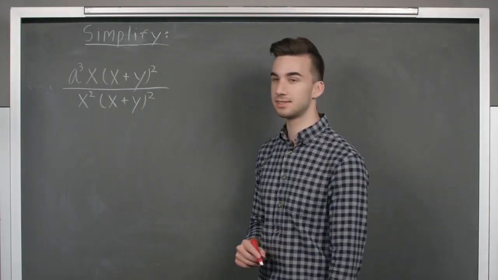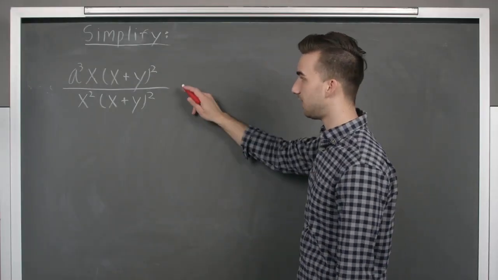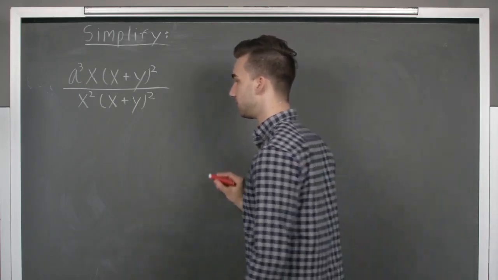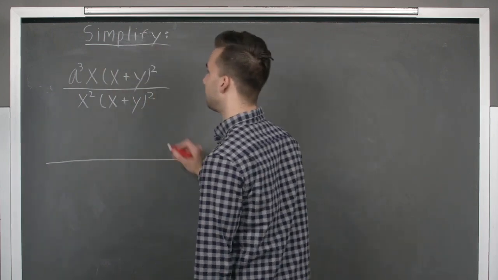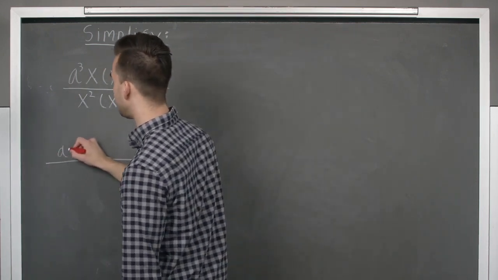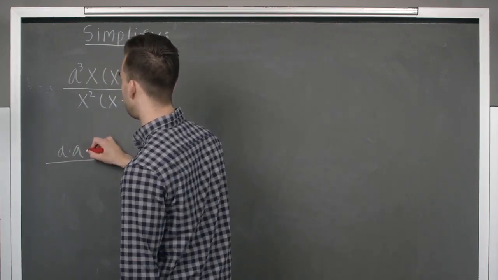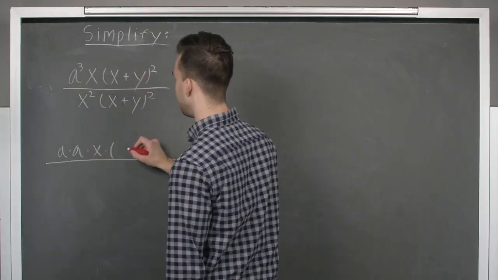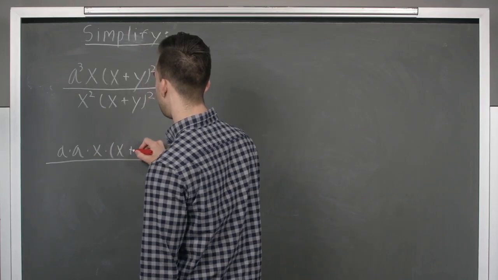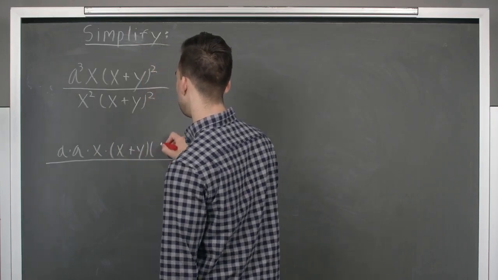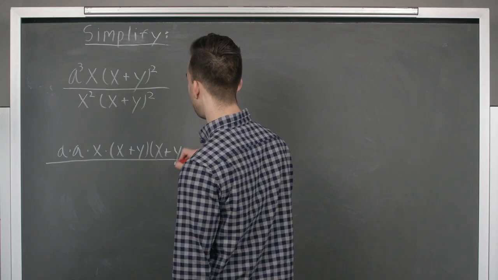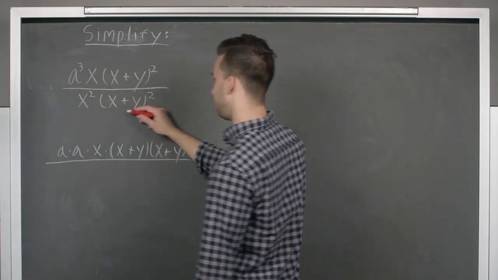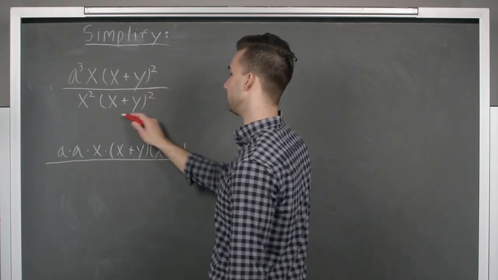So here's another example that we can simplify just by fully expanding the top and the bottom. So let's do that. We have a times x times, over here, x plus y times x plus y. Notice I left this in parentheses because we will be able to cancel it with the ones down here.